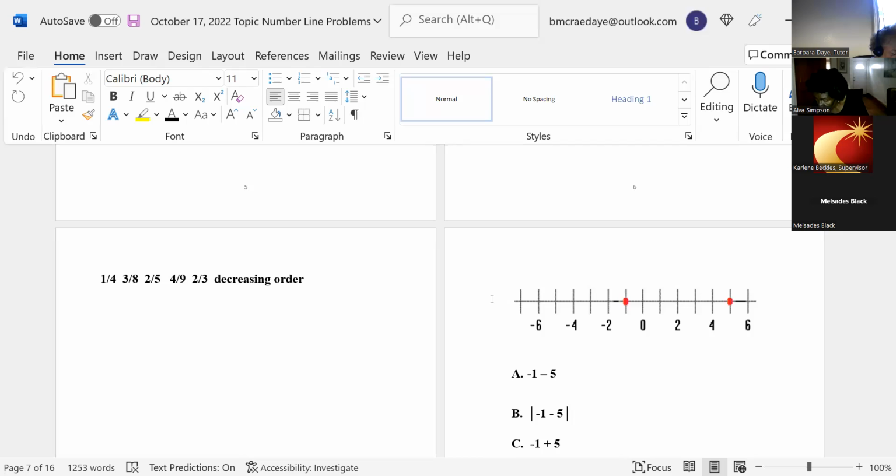Of course, you know you can use your calculator. Now you can round, right? Just round them all to the nearest hundredths.